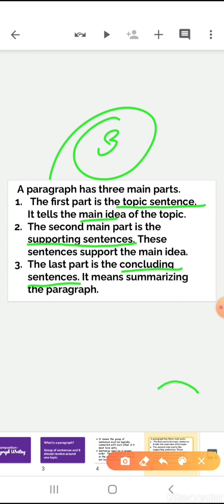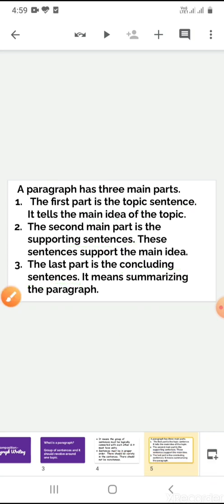Okay, now you have to see whether the paragraph is a good paragraph: all the sentences are logically connected or linking with each other, supporting sentences are there and concluding sentences are also there, or not. If it is not there, then that means the paragraph is not appropriate, not a good paragraph.